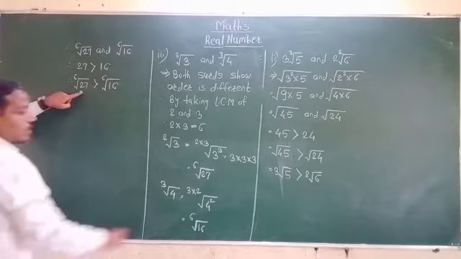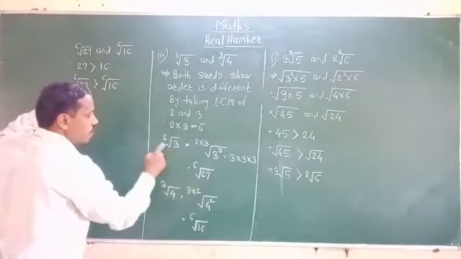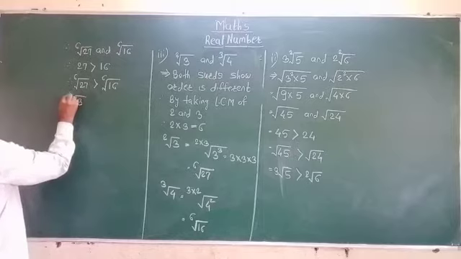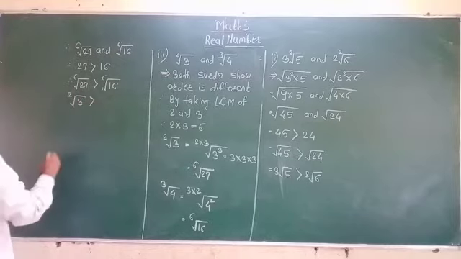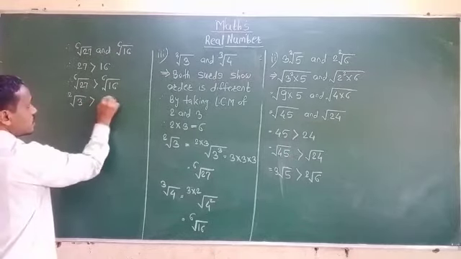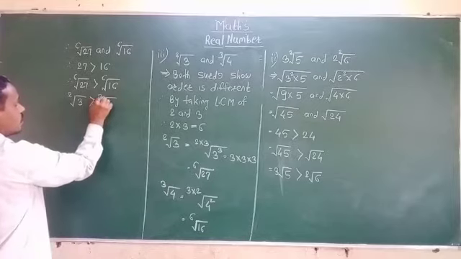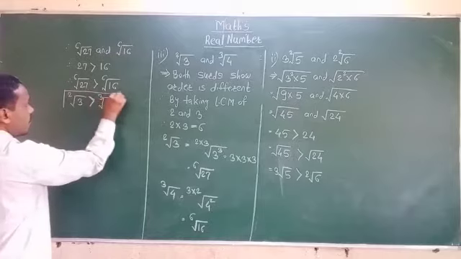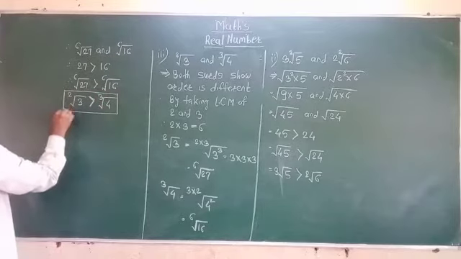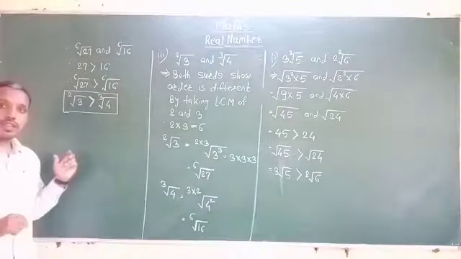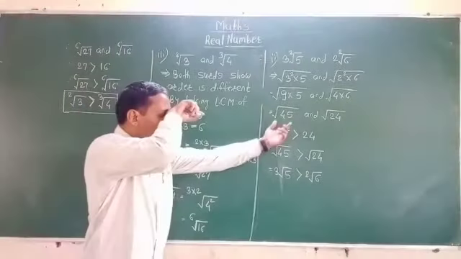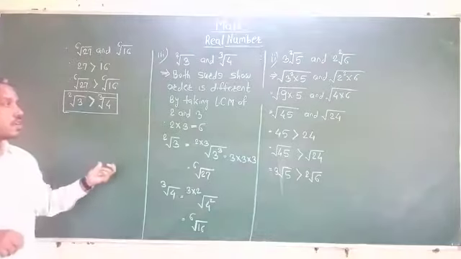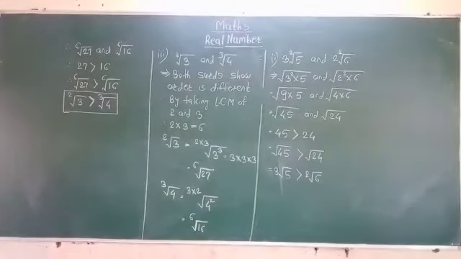So root 3 of order 2 is greater than the cube root of 4. In this way we compare two given surds if their orders are not the same, and if the orders are the same. These are the comparisons of two given surds.